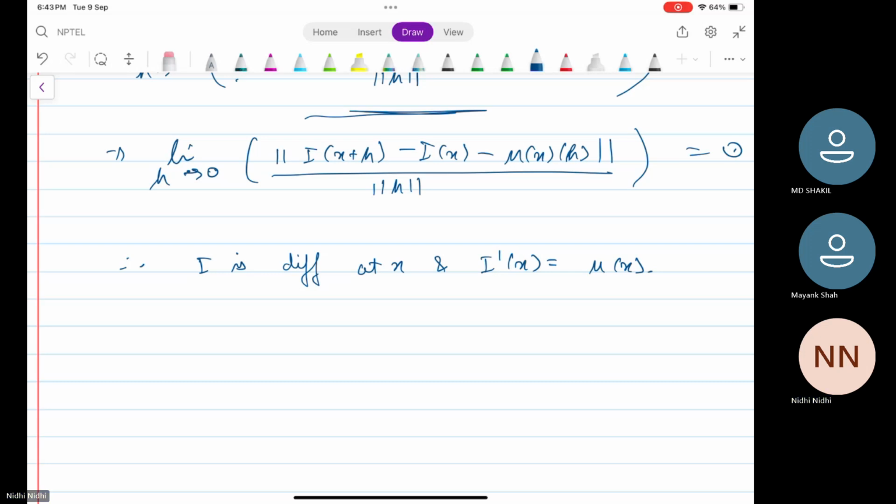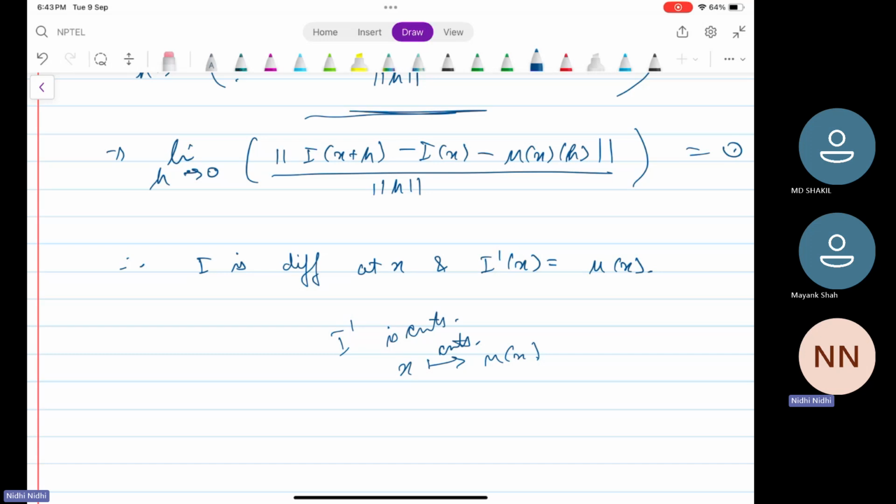So any idea, any guesses how it will become C1? For C1, we need I dash to be continuous. So basically x mapped to u_x should be continuous.